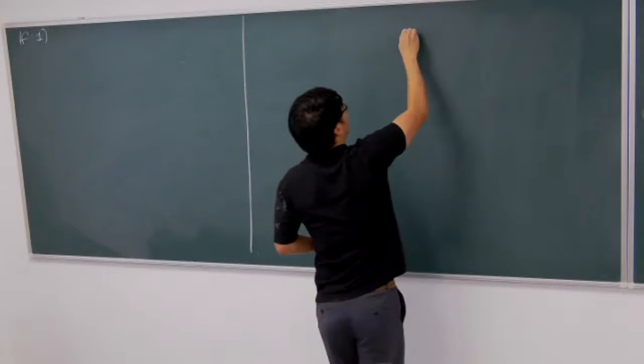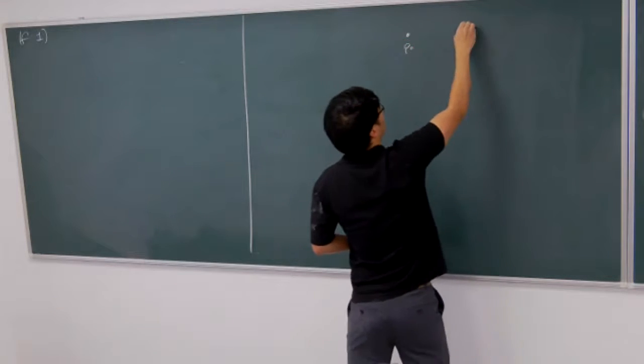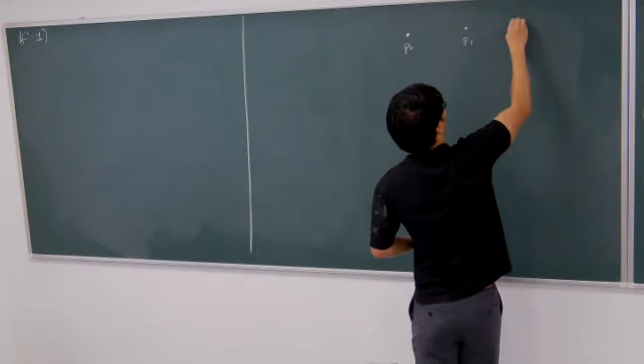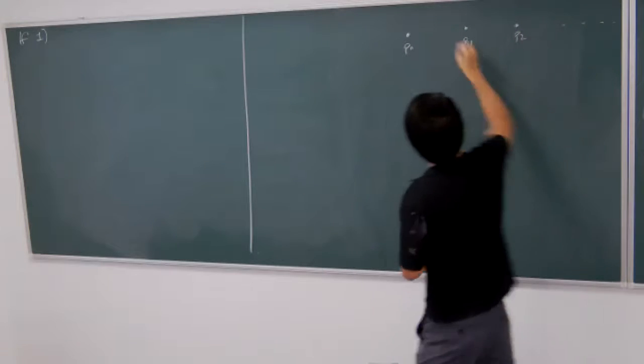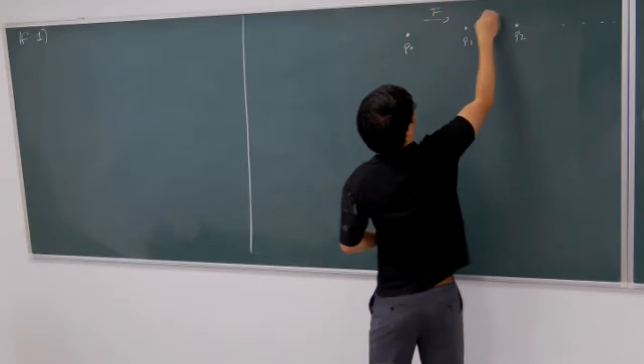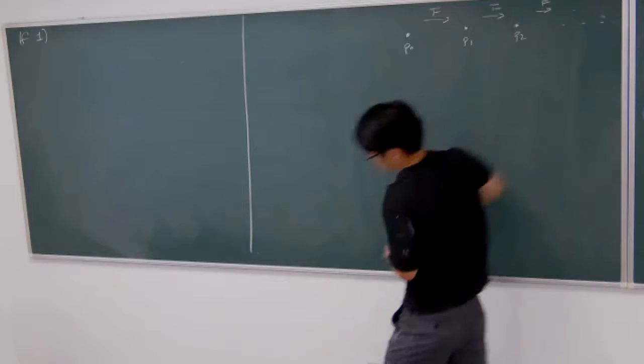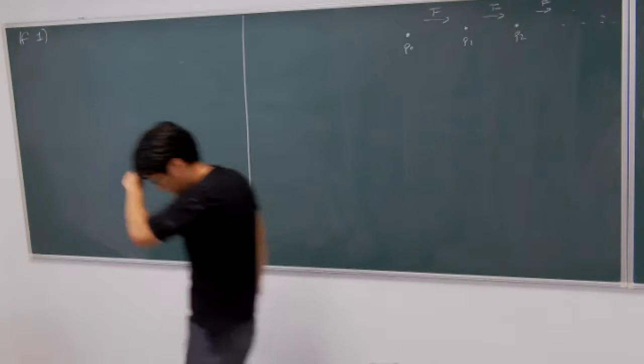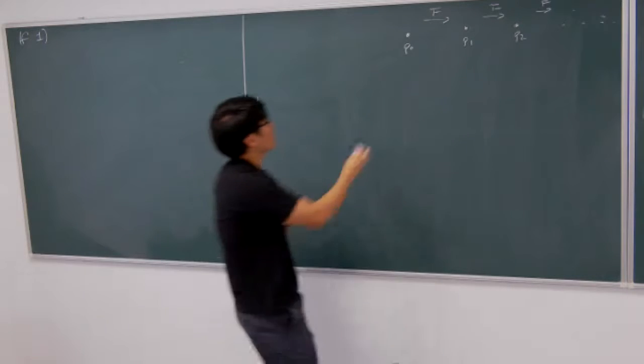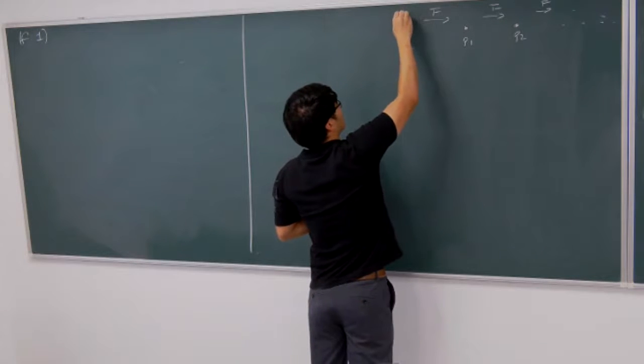Okay, so we have forward regularity. So we have P naught, and as we go forward, P1, P2, P3, etc. Then we have a stable direction, E^s of P naught.